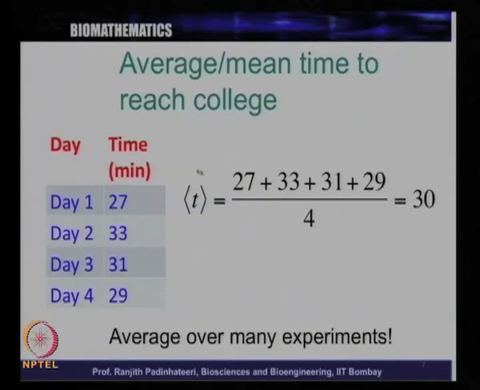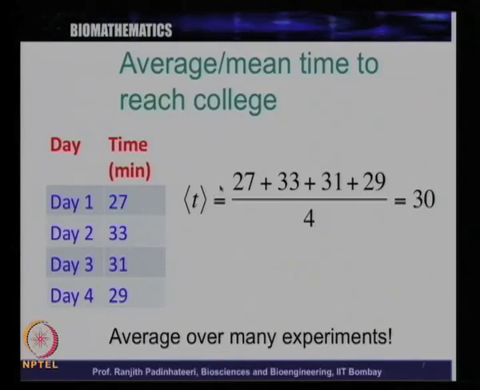So, the mean time to reach the college is 27 plus 33 plus 31 plus 29 divided by 4. So, on an average we take 30 minutes. That is what this average is.